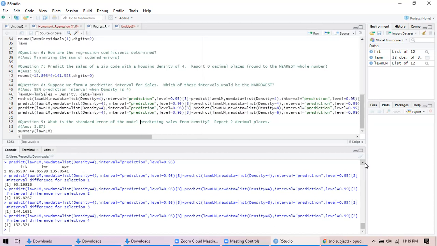Okay. Predict. Let me see if I can run that with this. So se.fit equals true.